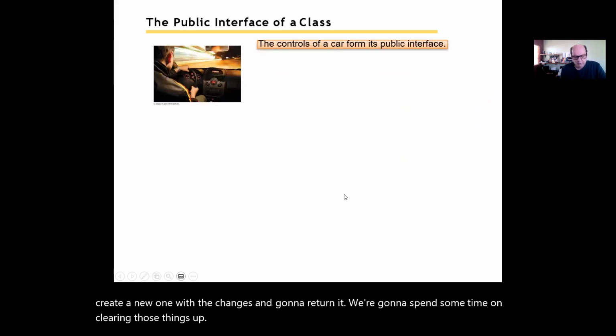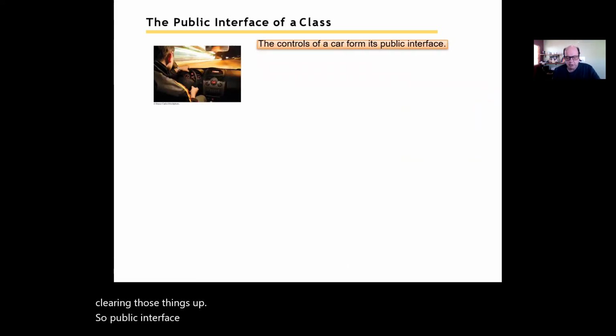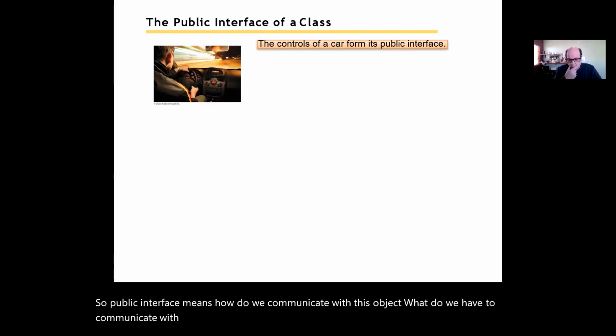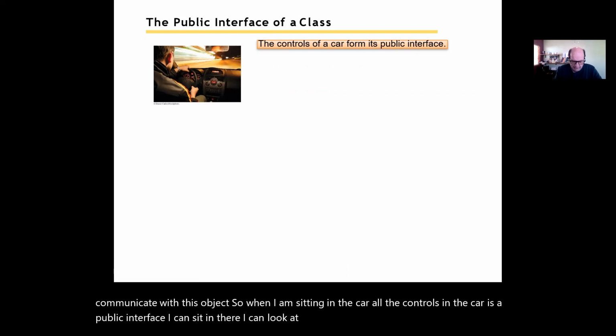So public interface means, how do we communicate with this object? What do we have to communicate with this object? So when I am sitting in the car, all the controls in the car are a public interface. I can sit in there. I can look at the dashboard. I can drive it. I can clean it. I can do things with the car.